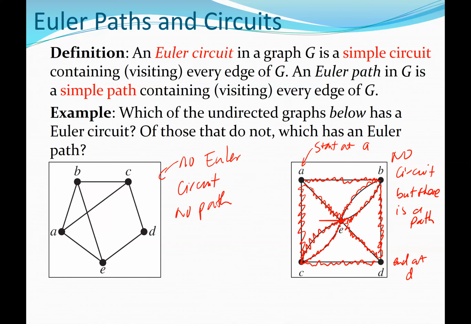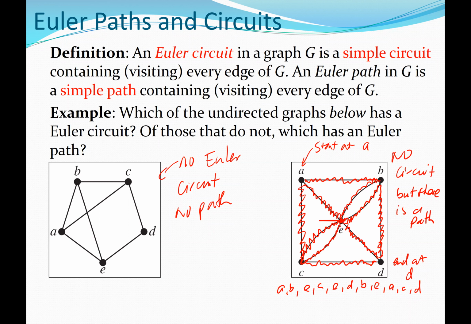As you can see, that's the travel: you go A to B to E to C, back to E, then to D, and then to B, then back to E, back to A, and then C, and then D. So you can go through a vertex multiple times, but you only worry about each edge being touched one time.